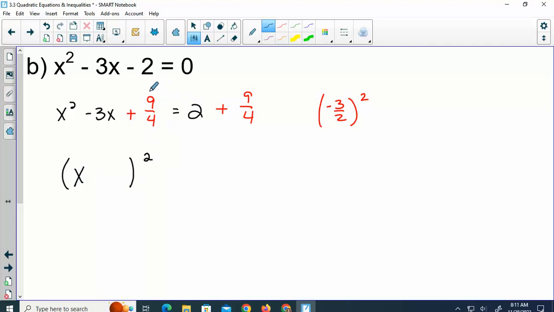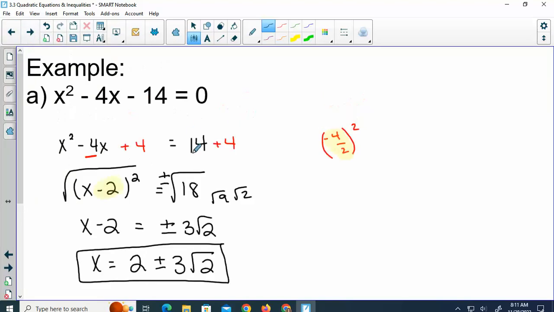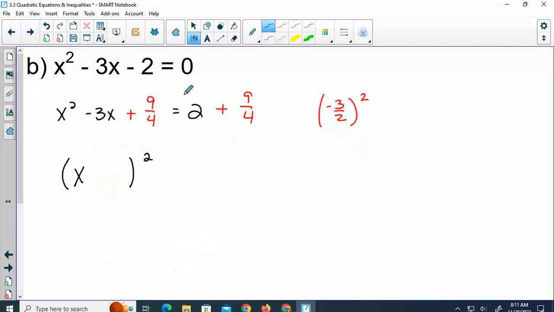We're essentially asking ourselves what multiplies to 9/4 and adds to negative 3. Think about on the last one, wasn't that number the same thing we had before we squared it? So, negative 3 over 2. Two plus 9 over 4 is 17 over 4.